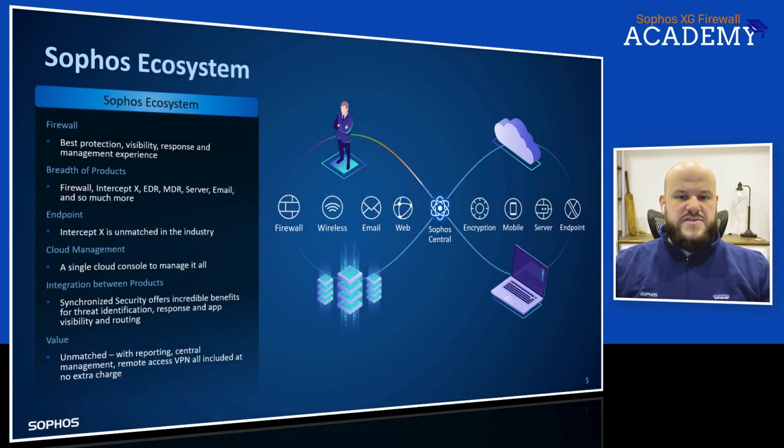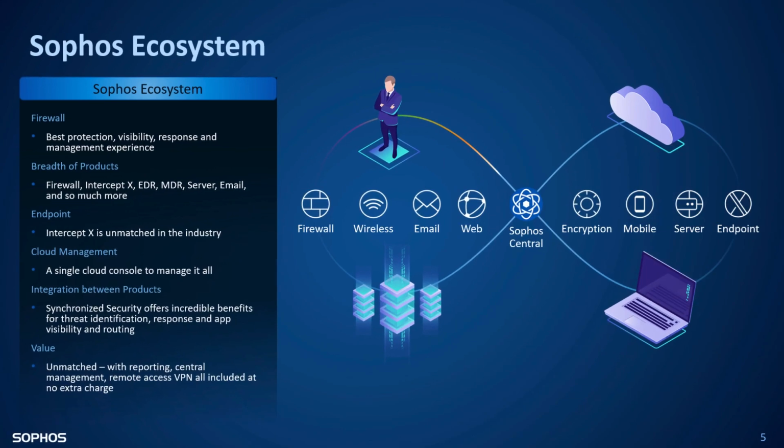Let's break this down to what's important about an IT security solution and what makes us good or better. First of all, it starts with a great firewall, which is the heart of the network and an enabler for everything else really. An XG Firewall offers a very compelling solution for customers. Then it's also important when someone's looking at a vendor solution, what breadth of products do they offer in addition to a firewall?